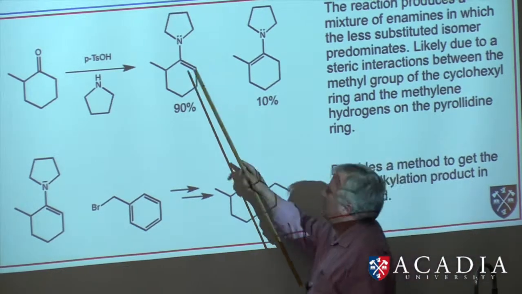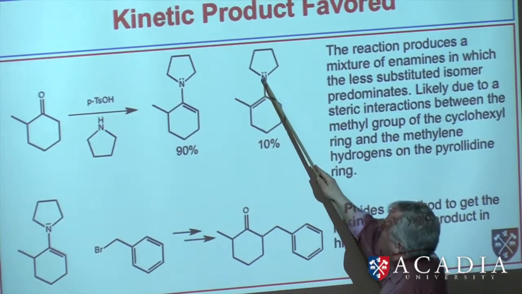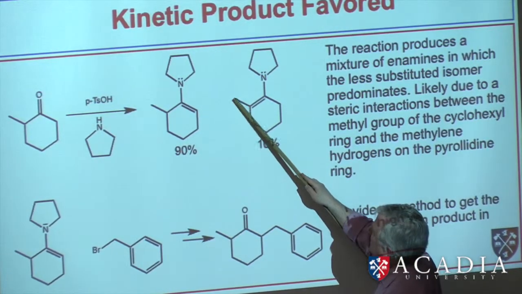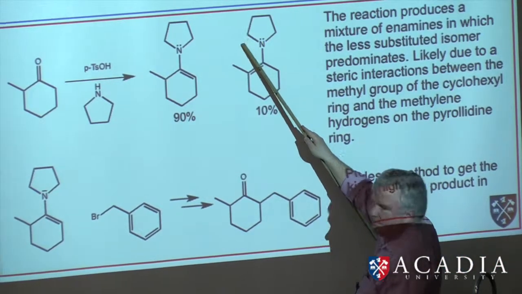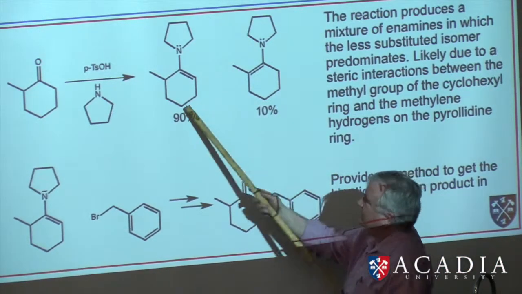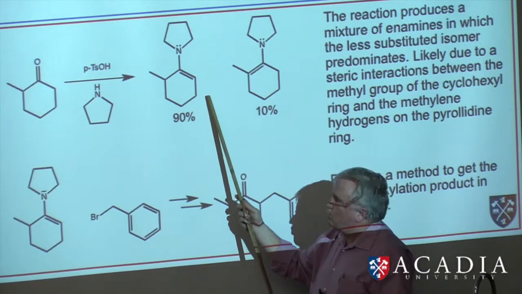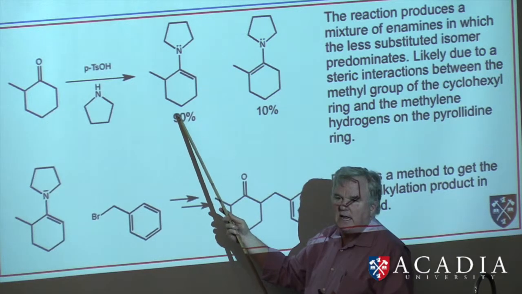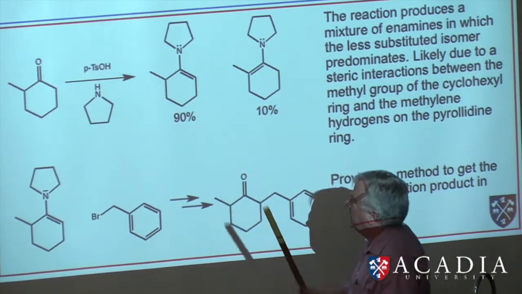The reason is these all get forced in the same plane, and we end up getting some steric interactions between this methyl group and the methylene group here. So this goes in high favor for what we talk about as being the kinetic product. Okay, so we get the less substituted double bond.